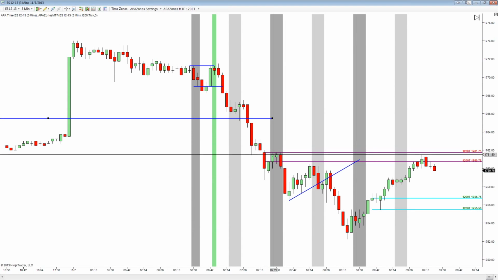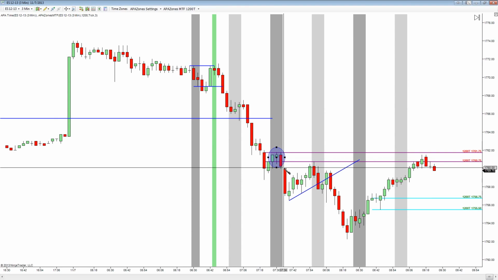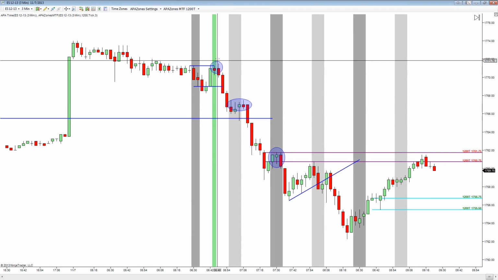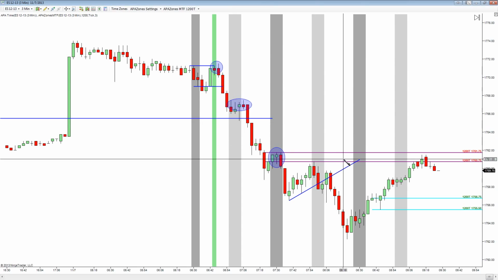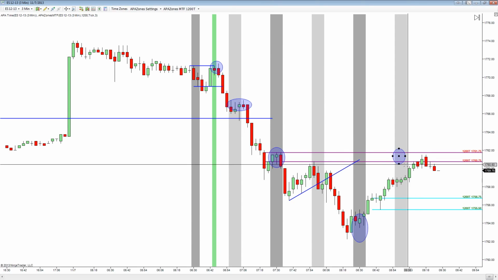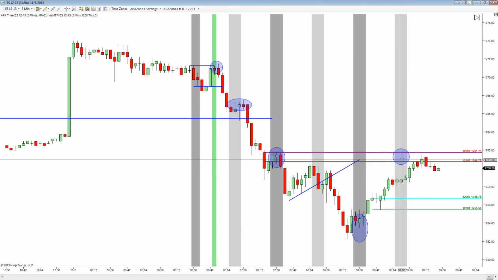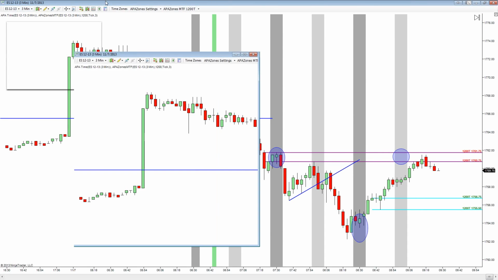I just want to keep track of when turns happen right at the top or the bottom of the hour. And the first 15 minutes, for whatever reason, also works there. There's that, and it doesn't really look like we got much of a retracement on that one, but it is what it is.